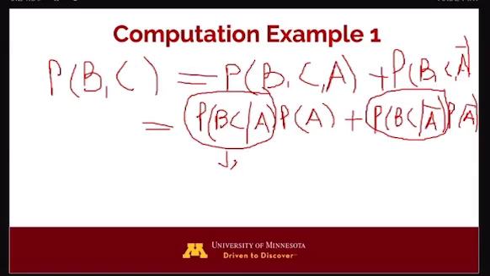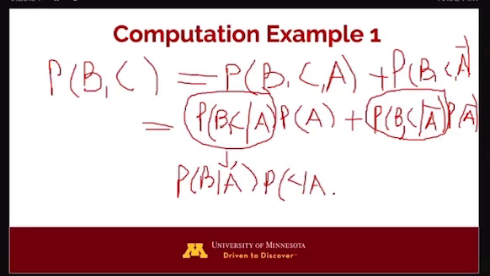This BC is B comma C, so B comma C given A is going to be the same as the probability of B given A and the probability of C given A, splitting it out.